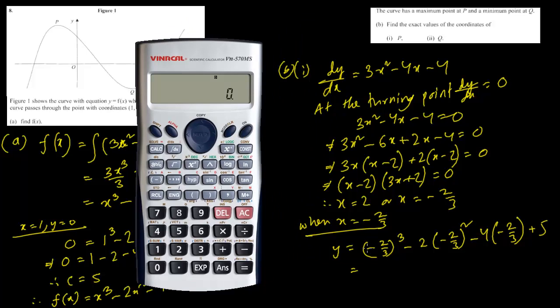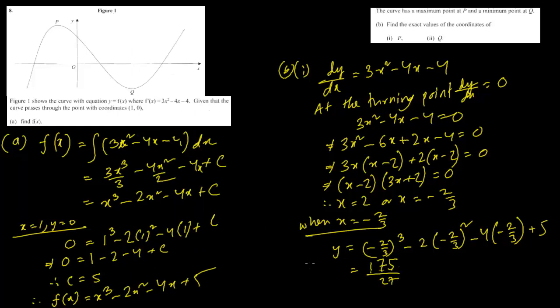Minus cube is minus, 2 cubed is 8, so minus 8 by 27. Then 2 squared is 4, 4 by 9 into 2, so 8 by 9. So this is P, and the coordinates of P are minus 2 by 3 and 175 by 27.